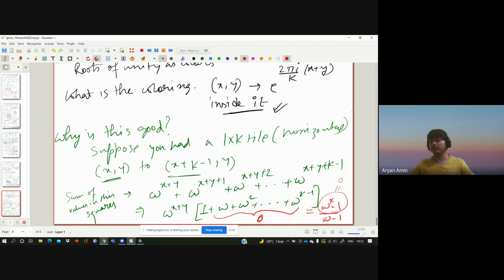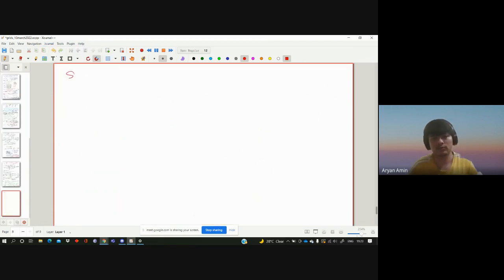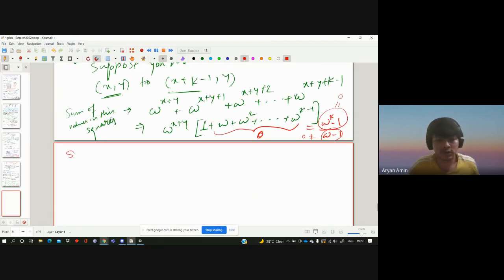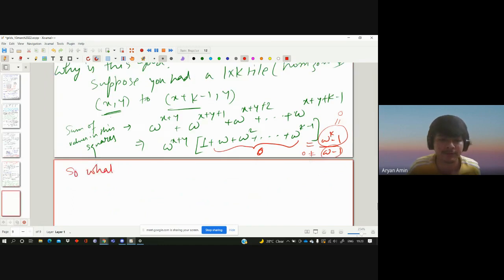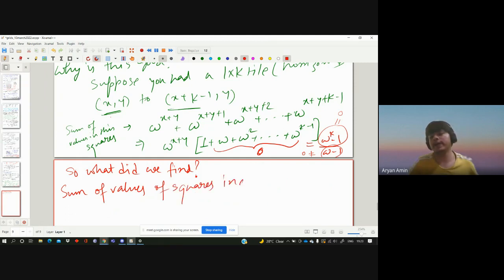And obviously the denominator is not 0. So what did we find once again? The sum of values of squares in a tile is 0.